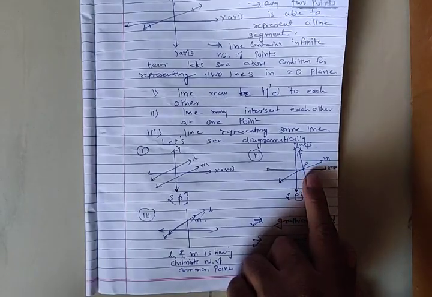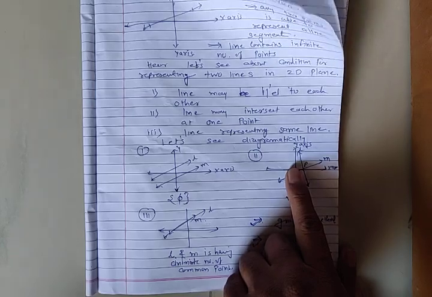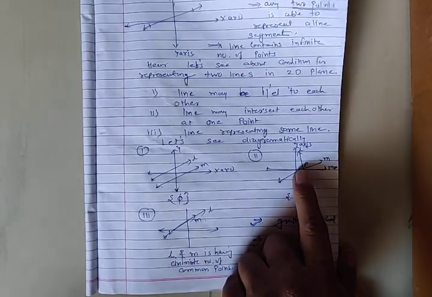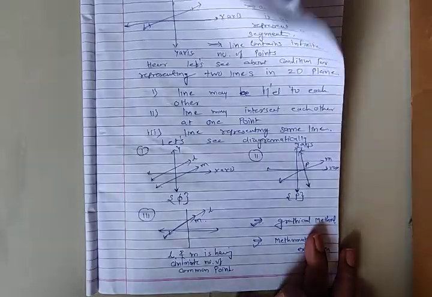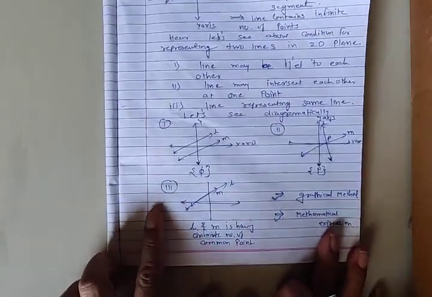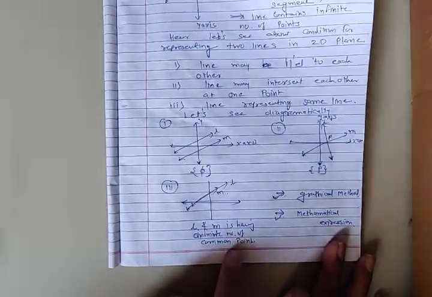P has 1 point on the x-axis and 1 point on the y-axis, so we can write 2 numbers for point P. In condition number 3, L and M have an infinite number of common points.